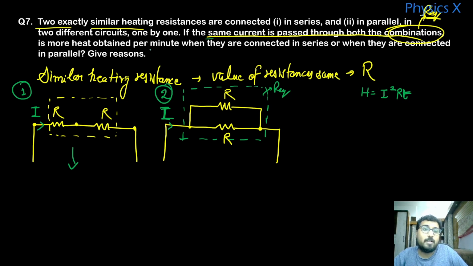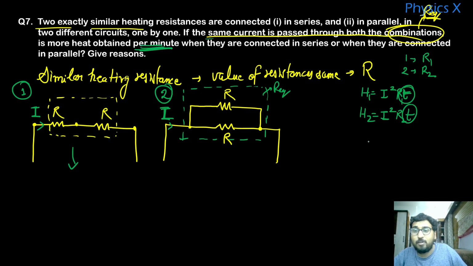He is saying per minute. In the first case the heat is H1 equals I square R1 T, where the equivalent resistance is R1, and in the second case the equivalent resistance is R2, so H2 will be I square R2 into T. Now this T will be the same because per minute in both the circuits is asked, right? So this value of heat will reduce down to I square R, which is nothing but your power.